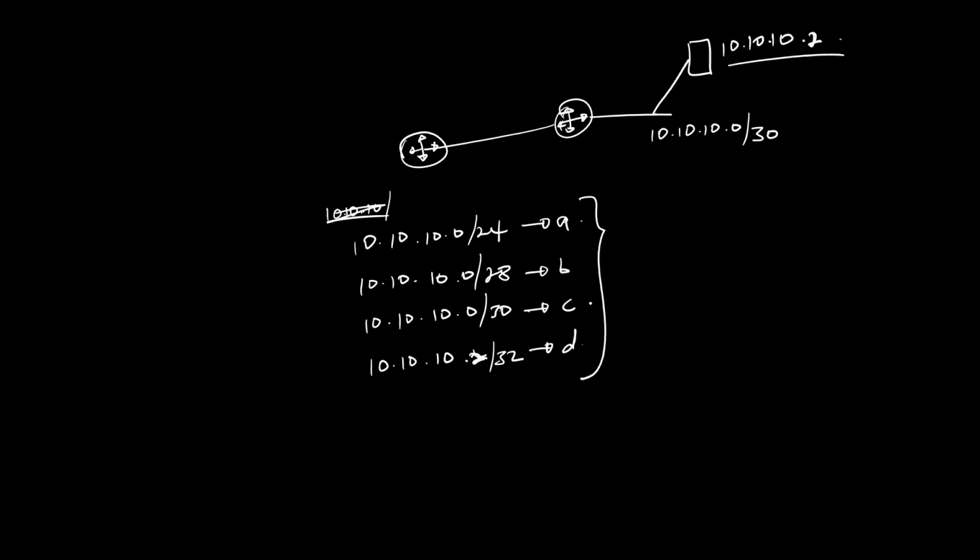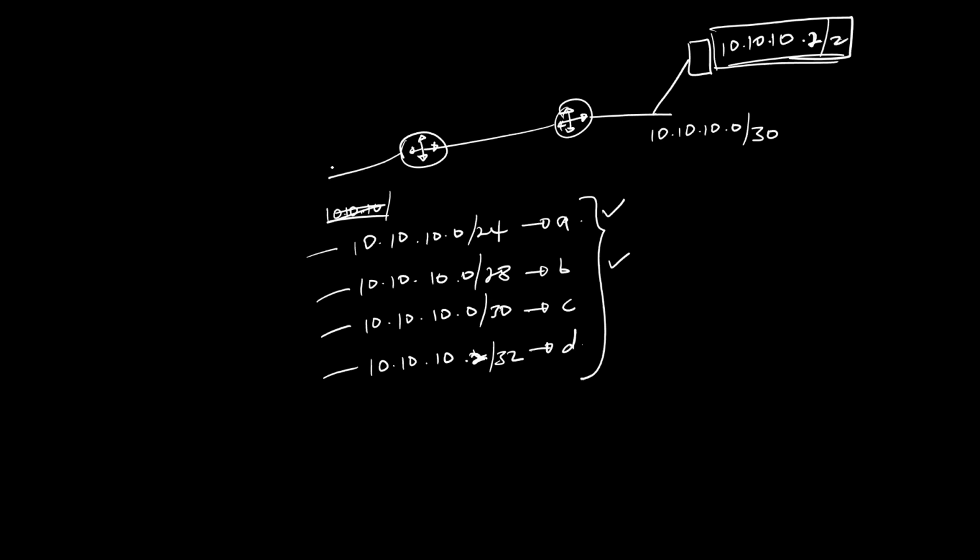Daniel, do you notice that 10.10.10.2 is an IP address in all these networks? This one, this one, this one, this one. True, but the subnet is different. Yes, the subnet is different.